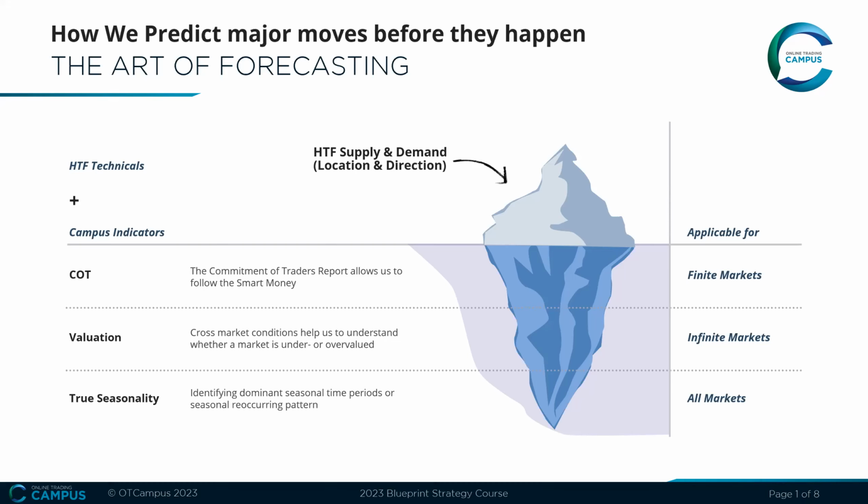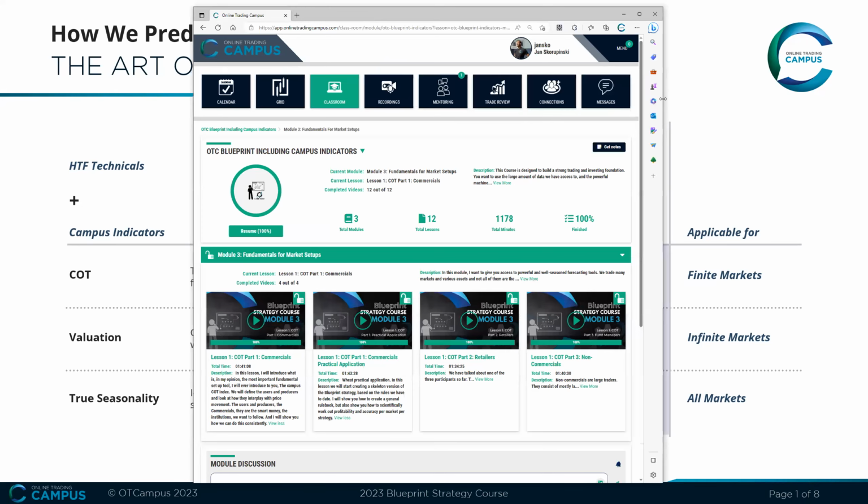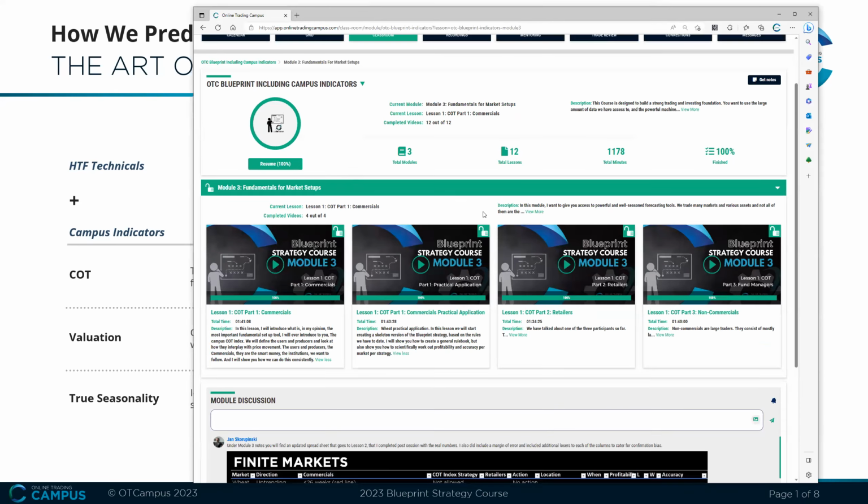A very good example here is palladium, which we analyzed the commercials on. And based on the commercials, multi-year historical extreme and accumulation, we forecasted a major rally in palladium. If you want to go back to the date when we looked at this, this was 4 or 5 sessions ago.